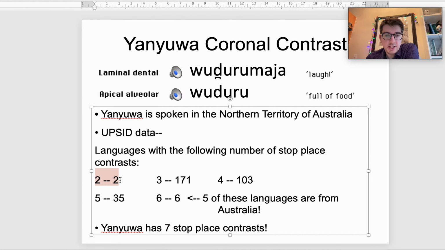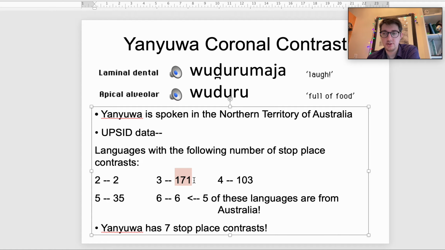What I have displayed here are languages with the following number of stop place contrasts. Out of 317 languages, in the UPSID database, which is a little bit outdated but still relevant for the punchline here, 2 languages have 2 stop place contrasts, for example bilabial and alveolar. With 3 stop place contrasts, there are 171 languages.